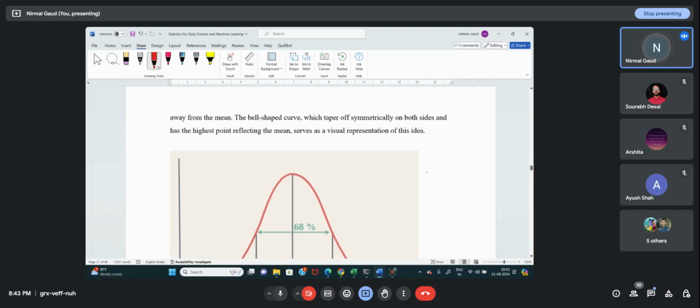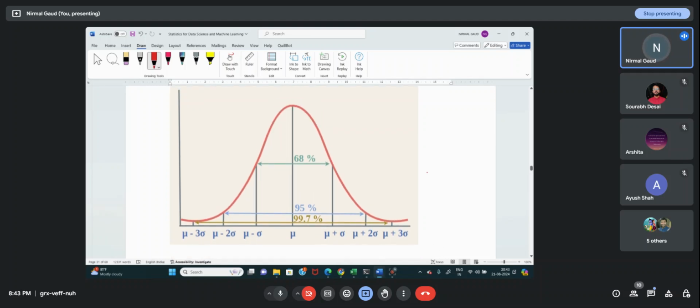Let's see it diagrammatically. Yesterday also I made one plot regarding this. I think I made it like this. Okay, and I shaded this portion, and I told that this is 68%. And I told you that I will clear this concept tomorrow. So here it is. This is 68%.